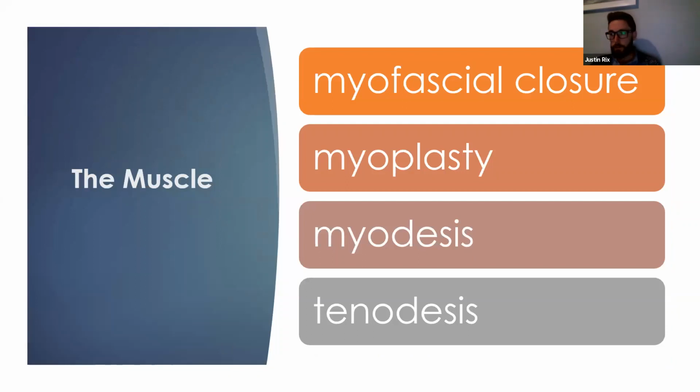Then we move on to the muscle. Again, Maritz covered a lot of this. From our point of view, the muscle makes up the bulk of the residual limb soft tissues.